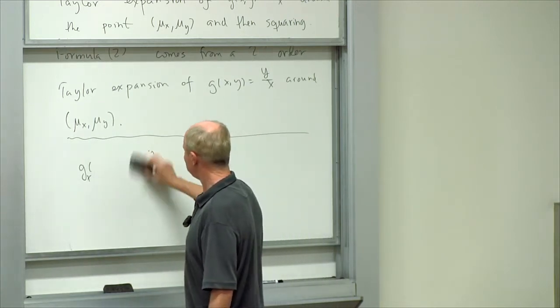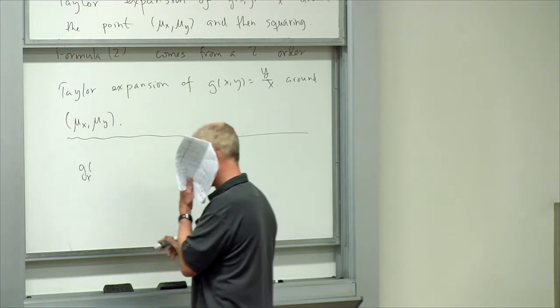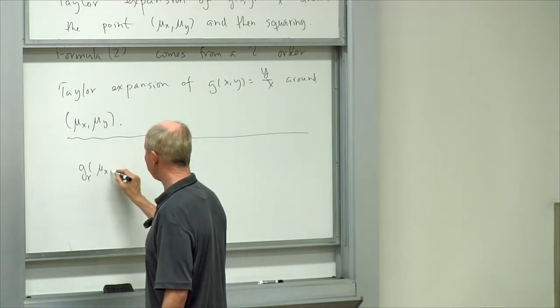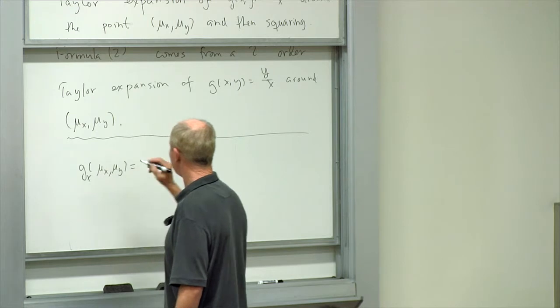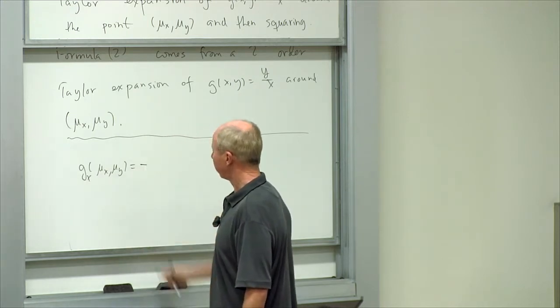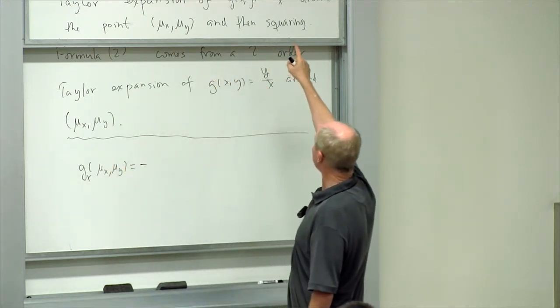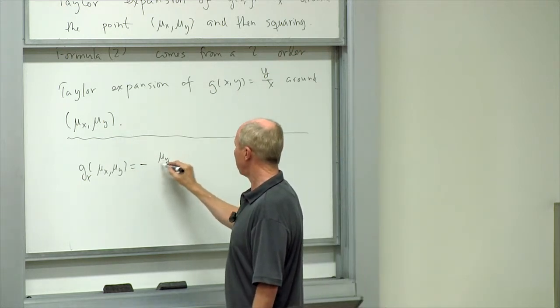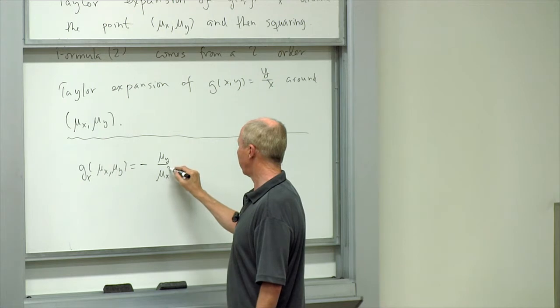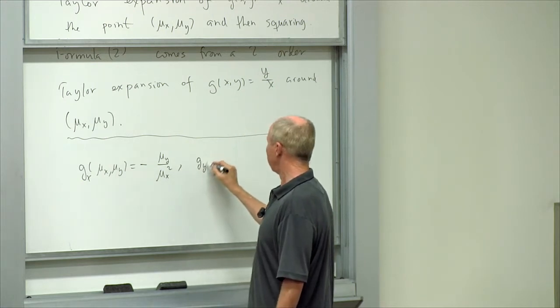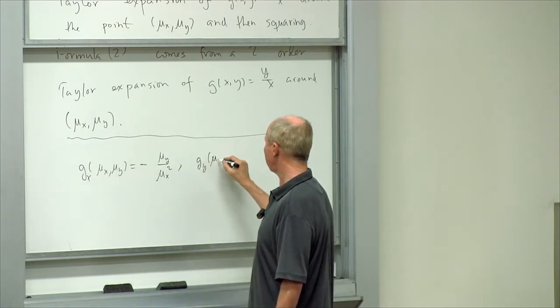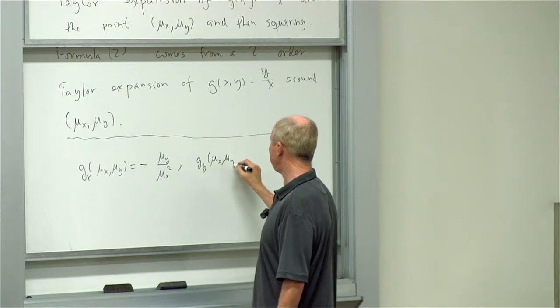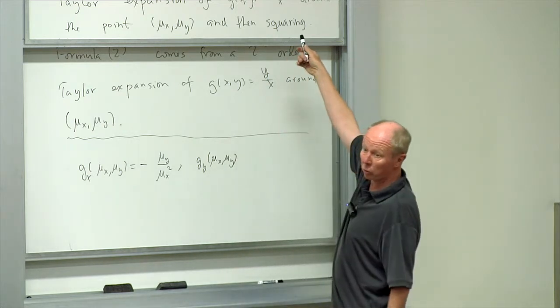Let me evaluate these derivatives at mu x, mu y, just to save a little time. The derivative in x will be minus y over x squared. Evaluated here, I get minus mu y over mu x squared. The first derivative in y of g, evaluated at mu x, mu y, is 1 over x.